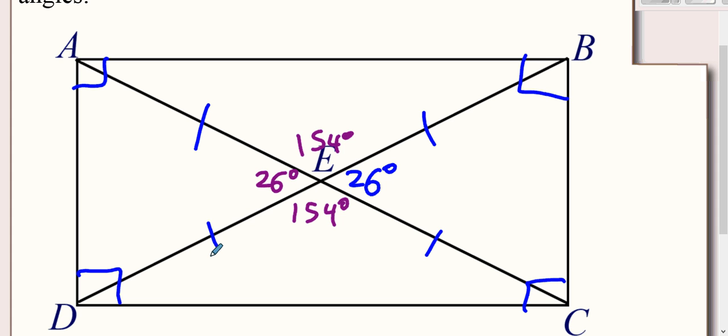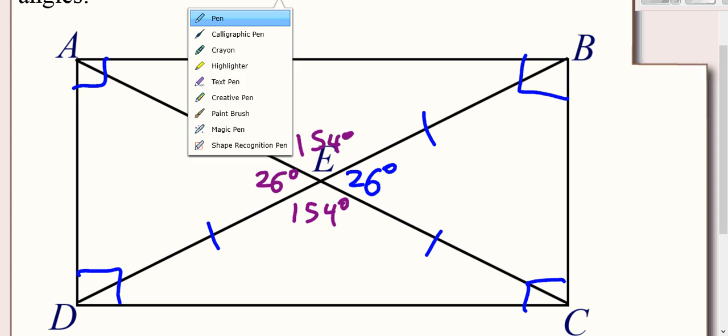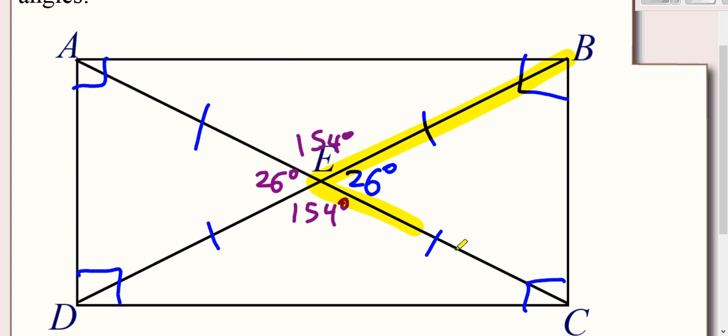Now, if you look at these markings we put on here, that means that over here, that's a triangle with the two congruent sides that are marked right there, which means it's an isosceles triangle. Since the two sides are congruent, that also means the two base angles are congruent.